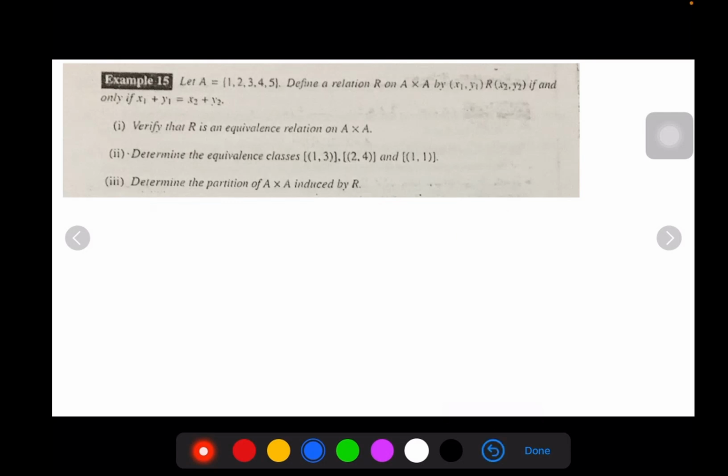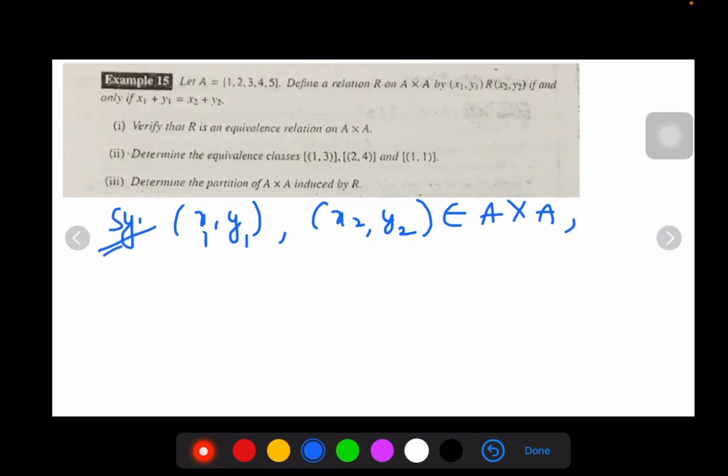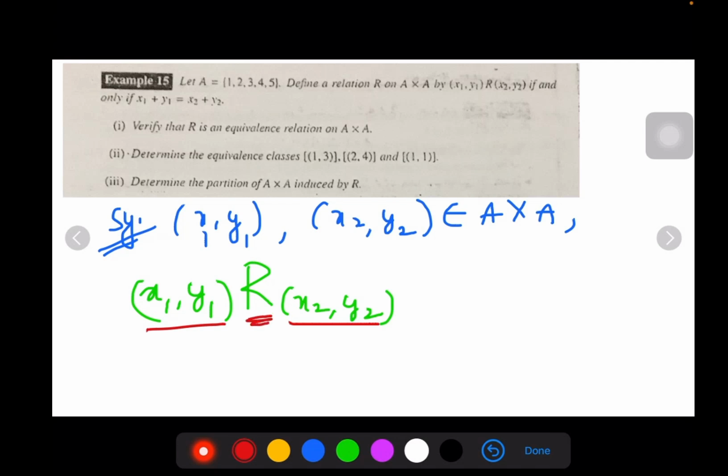We will take (x1, y1) and (x2, y2), two elements of this kind in the set A × A. For the symmetric property, I have to check: if (x1, y1) is related to (x2, y2) in R, then I have to find that the second element is related to the first element. So we will try that.